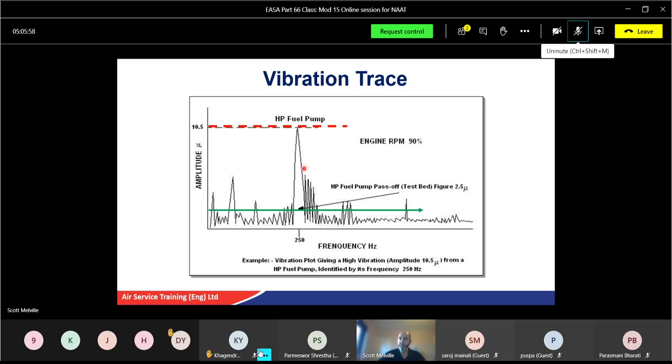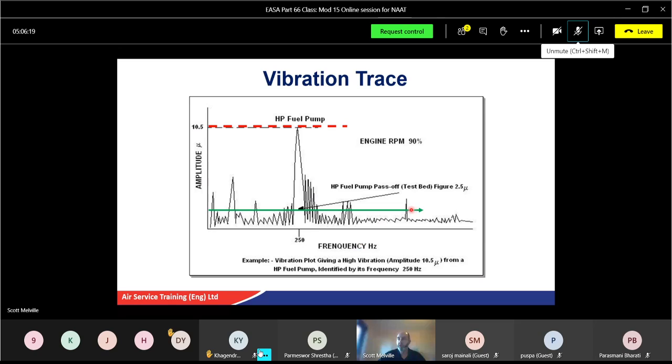So we've got a spike at 250, and we've got a spike at 750 hertz. Well, we've got 250, 500, 750. That's a second harmonic of a fundamental frequency. I used to call them ghosts. This would be a ghost of the original frequency.